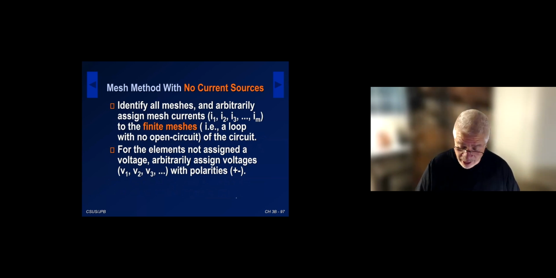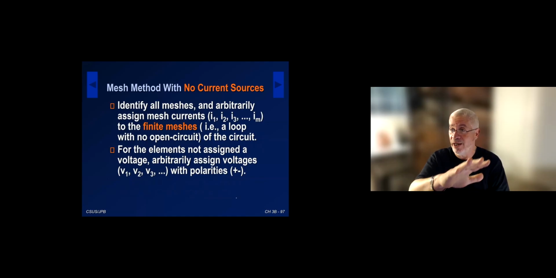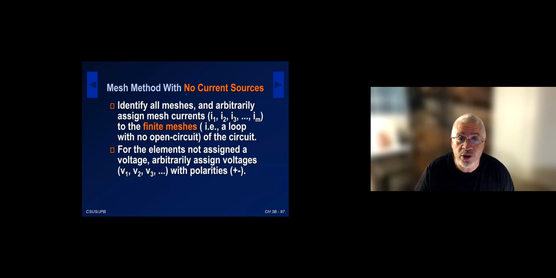So for the first category, if you think about nodal analysis, what did we do for nodal? We looked at circuits with no voltage sources first. Then we learned how to handle voltage sources later on. Mesh is going to be almost the opposite of what we did for nodal. We're going to look at circuits that have no current sources. That's the category. In mesh, current sources require special treatment.